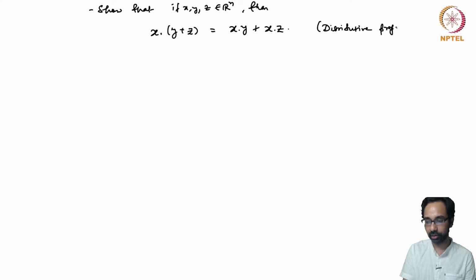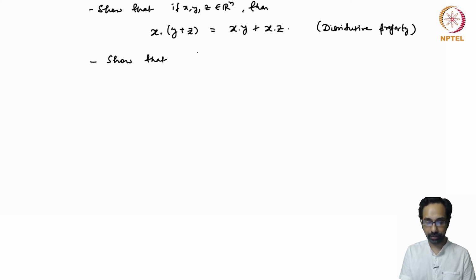We will use this distributive property as well. The second property that one can show is that the Euclidean norm squared is nothing but x dot x. This is also quite easy, and I leave it to you.